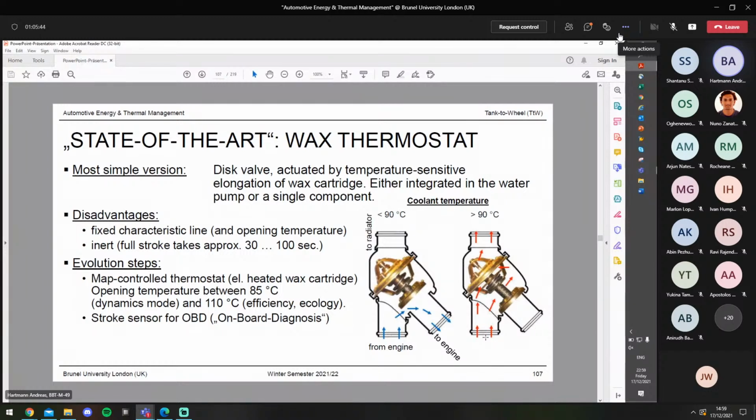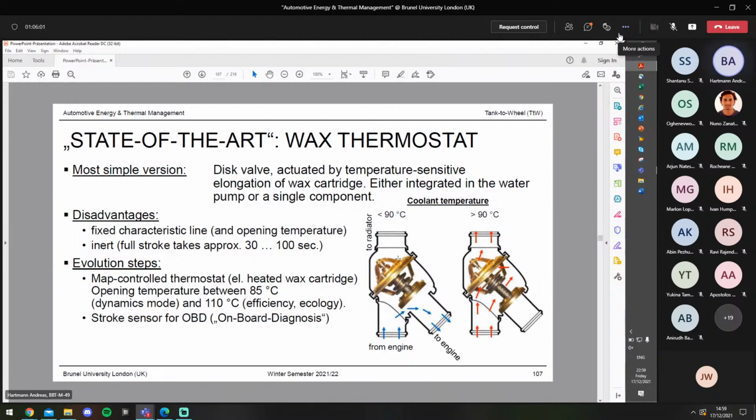And then the coolant takes its way, not directly back to the engine, but to the radiator to be cooled down and to then flow back to the engine.